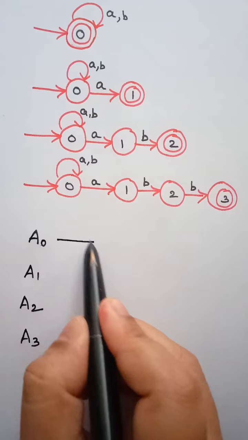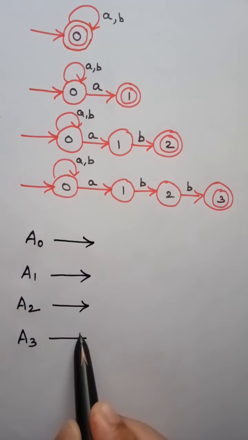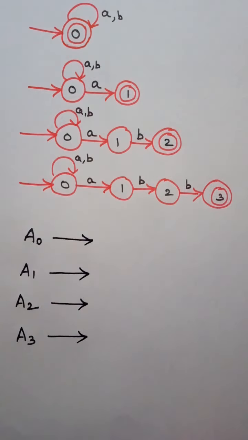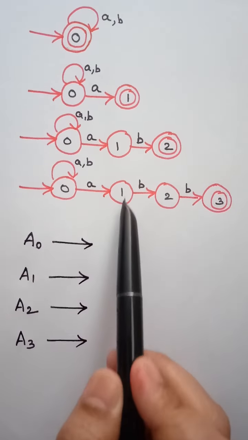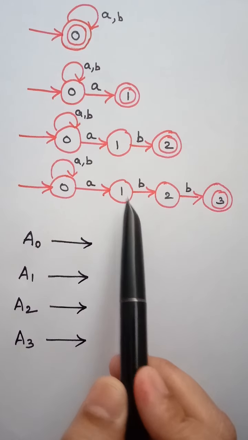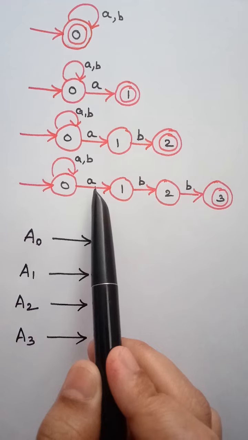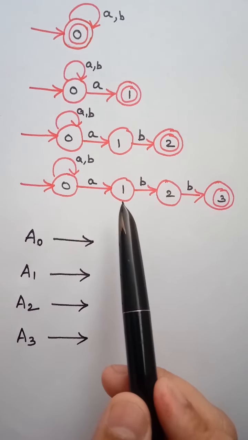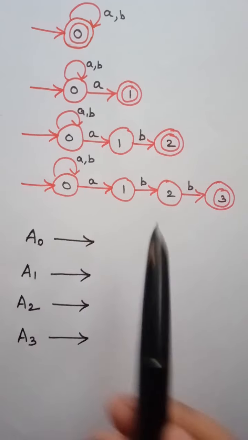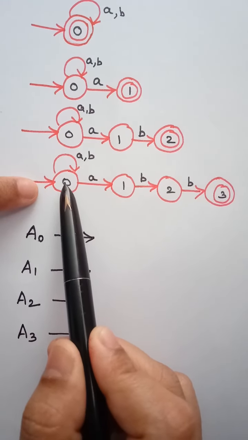After creating the non-terminals, the next rule is: if your state I has a transition to state J on the input A, then the production we need to add is AI to AJ. Here we have to see any transitions occurring on the states.